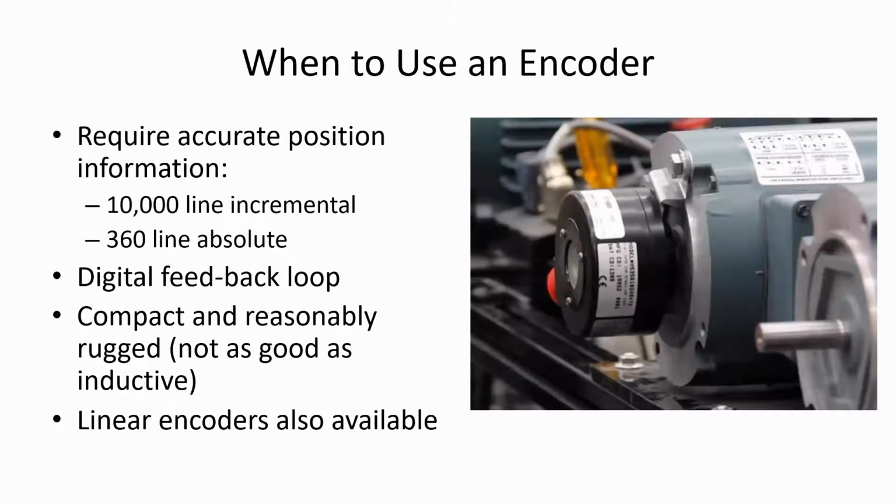Using this optical encoder, we get the accurate position of shafts. It has 10,000 lines in the incremental type and 360 lines in the absolute type.